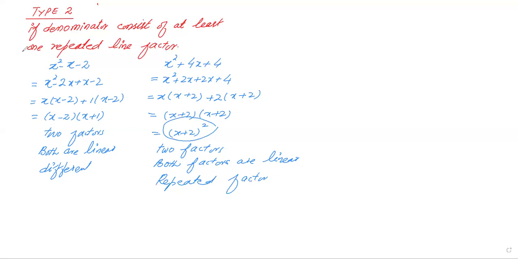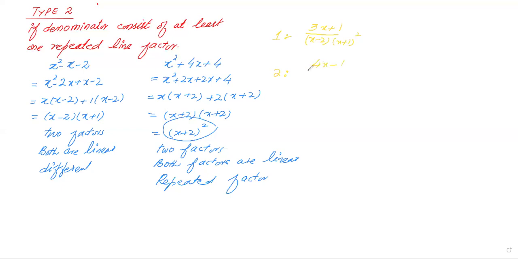So what are the examples of the repeated factors? I'm writing with the yellow marker. The first one is 3x plus 1 over x minus 2 and x plus 1 whole square. That is called the question of type 2.